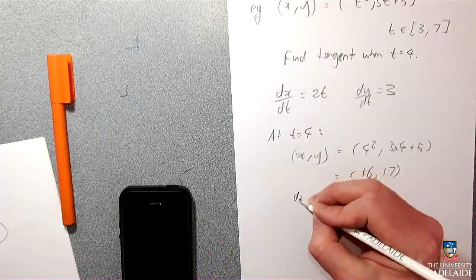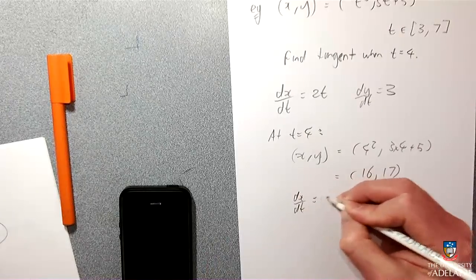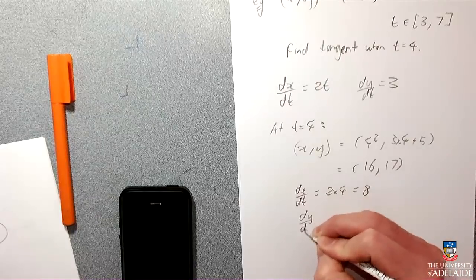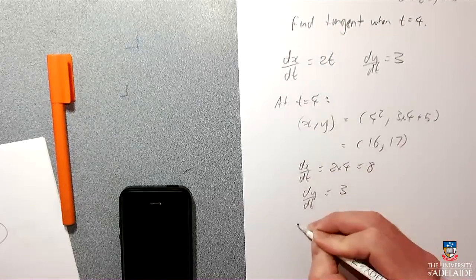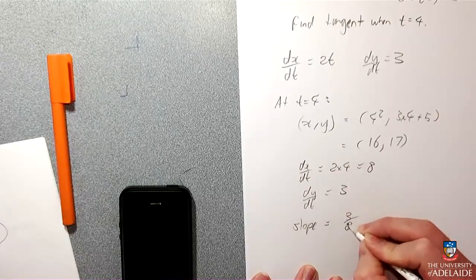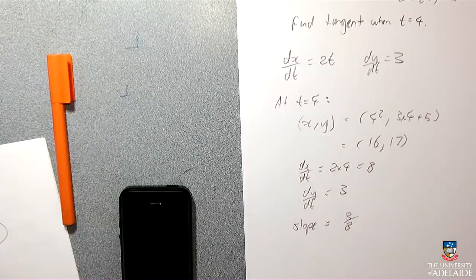And dx on dt is 2 times 4, which is 8, and dy on dt is 3, and so therefore the slope at this point will be 3 on 8, because it's the change in y divided by the change in x.